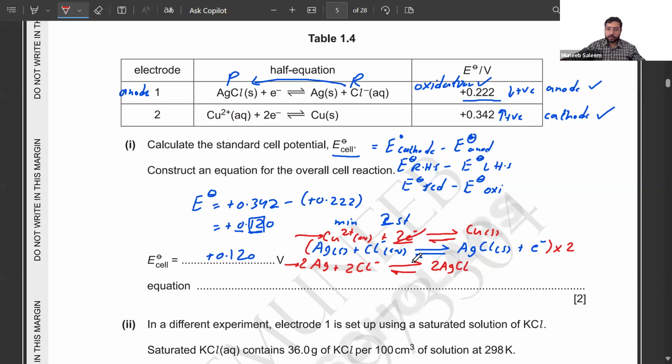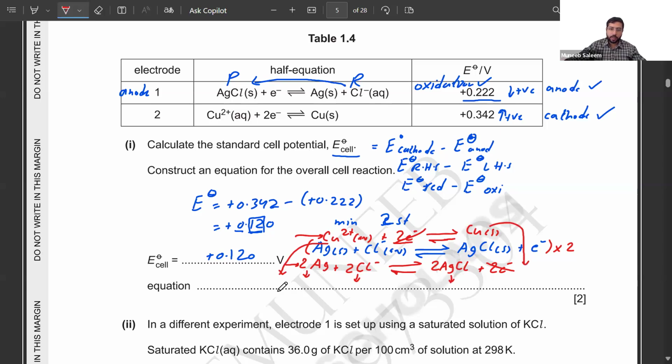The two electrons were cancelled from here, and no other species can be cancelled because all of them are different from each other. So I will write them in the final form. This copper will also go to the final form, this copper solid goes to the final form.